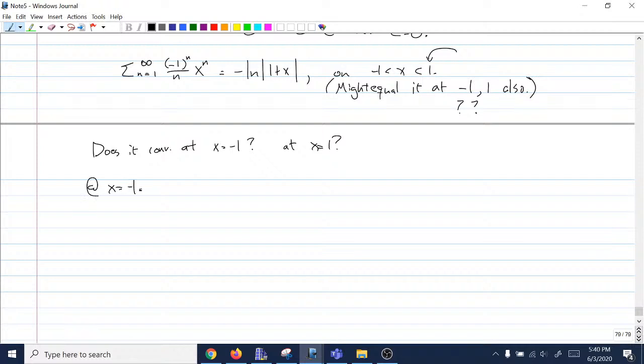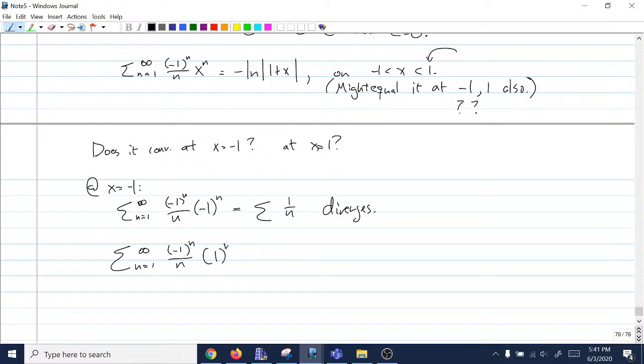At x equals negative 1, this thing becomes the sum n equals 1 to infinity of negative 1 to the n, negative 1 to the n over n. That's a sum of 1 over n that diverges. That's the harmonic series. How about at x equals 1? That's the sum of negative 1 to the n over n. That's the alternating harmonic series that converges.